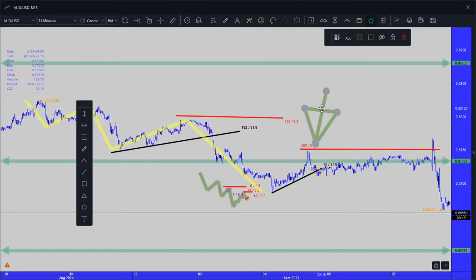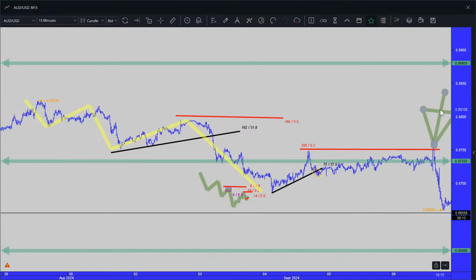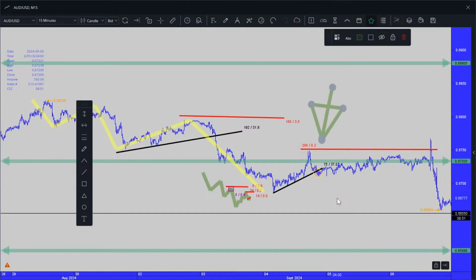You make some money, but then you give it back to the market. Even if it's a news event like the non-farm payroll, having the appropriate stop loss on a relevant high, you should be safer. Make sense?